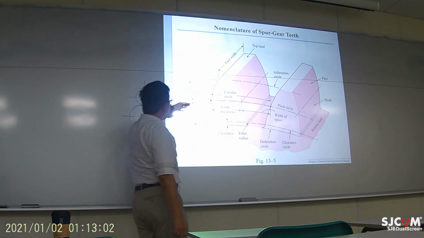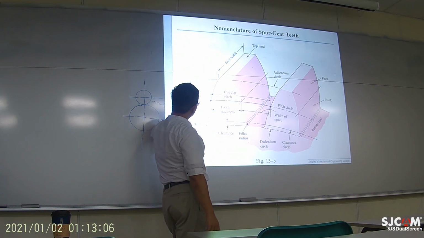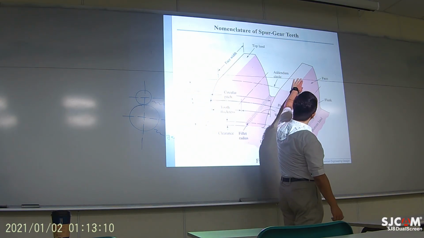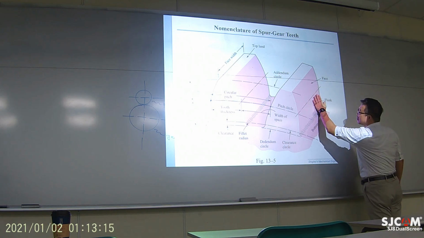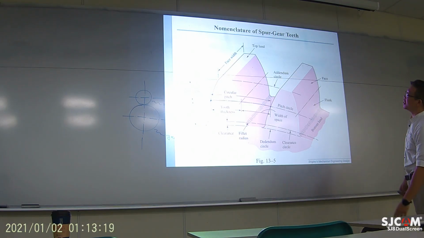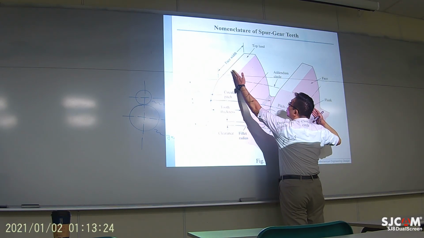And the upper part of the teeth is called addendum. The lower part is called dedendum. And the upper part right here is called the face. And then the lower part is called flank. Okay? And the face has a width, so it's called face width.